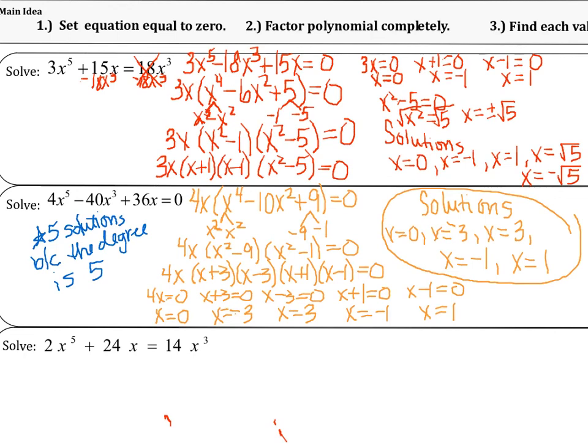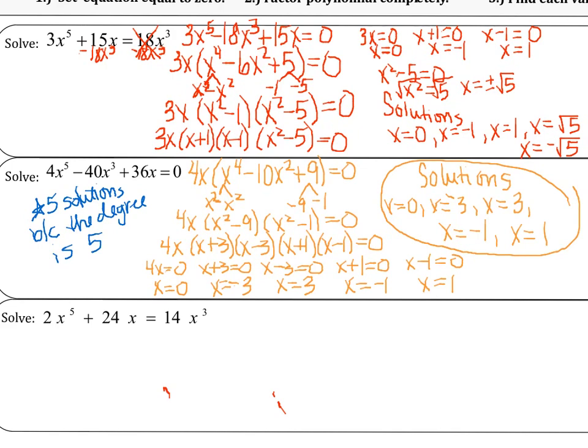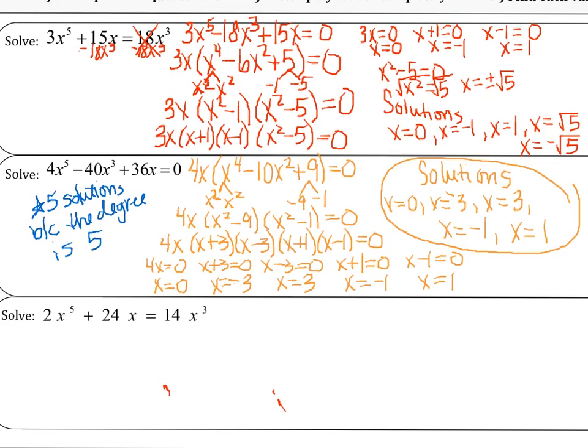This last one, I want to solve this one as well. First step is not done yet because it is not set equal to 0, so I'm going to subtract 14x to the third from both sides. So, putting this in standard form, it's 2x to the 5th minus 14x to the third plus 24x equals 0.